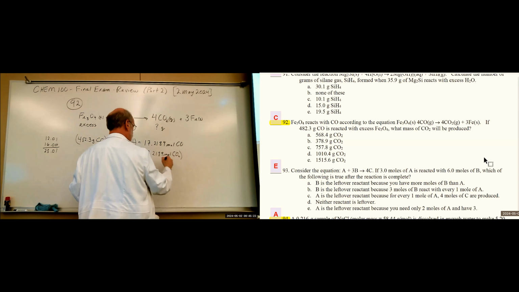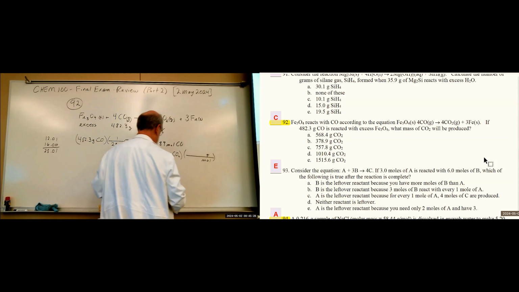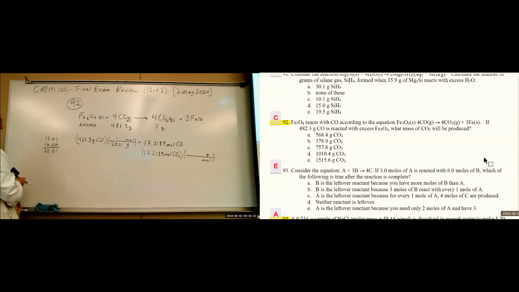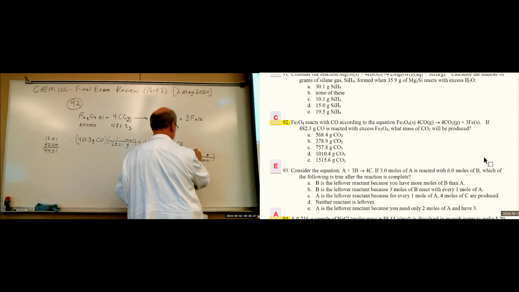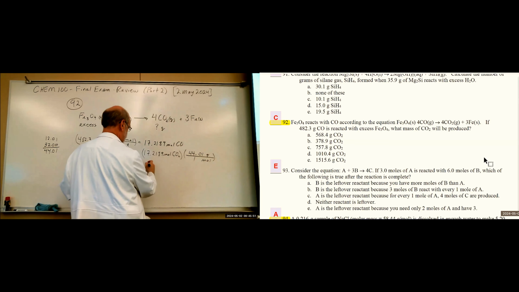Now we can convert that to grams. This time, moles on the bottom, grams on the top. So in order to calculate the molar mass for carbon dioxide, we need 12.01 plus 16 times 2 oxygens, which is 44.01.